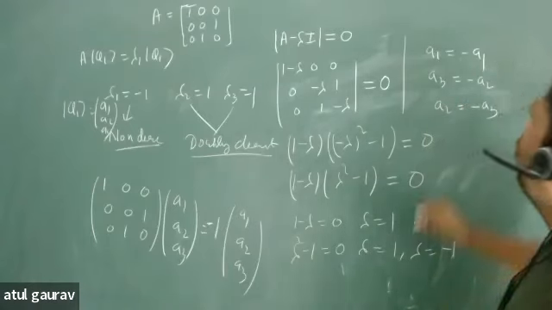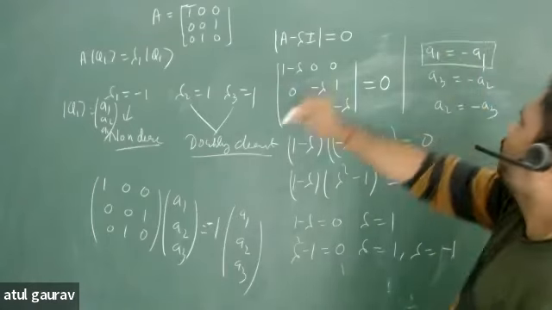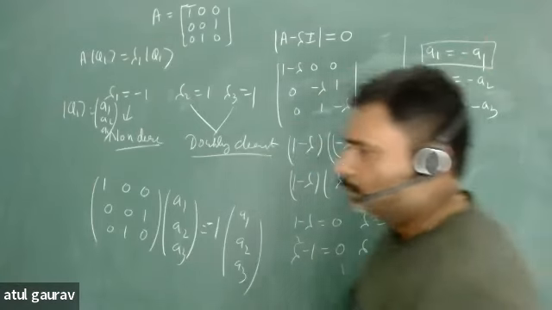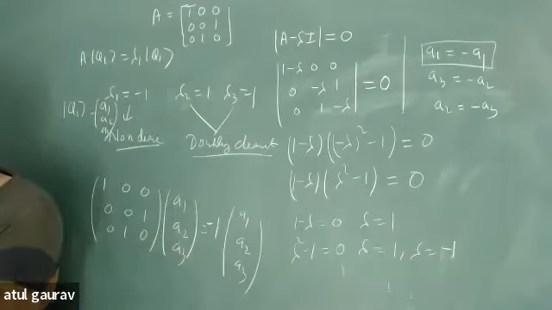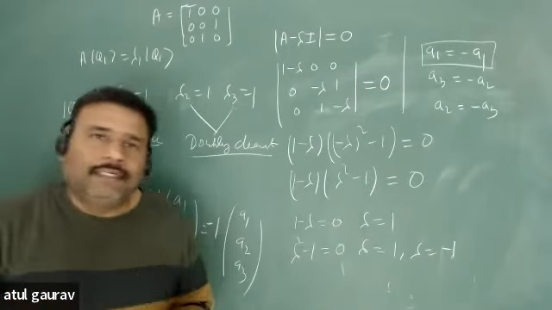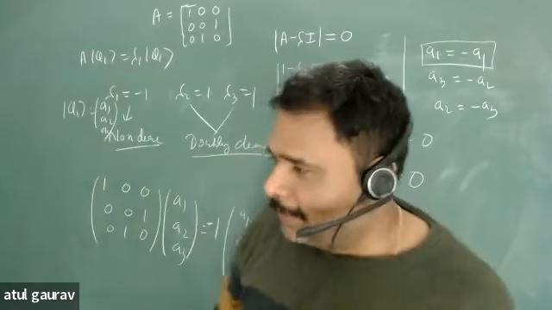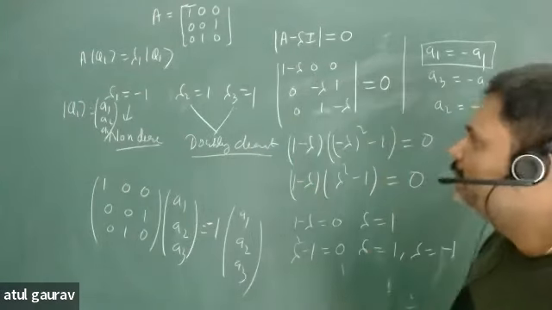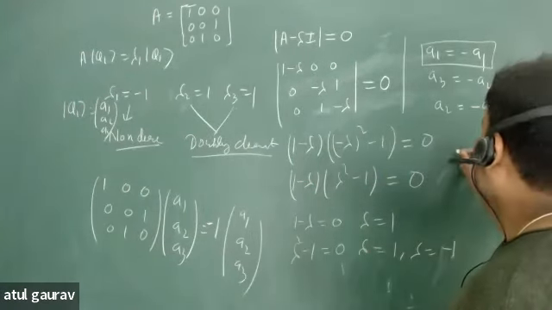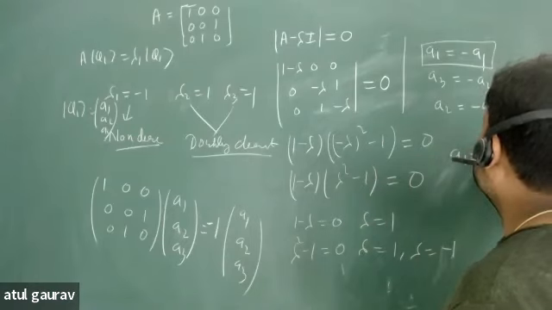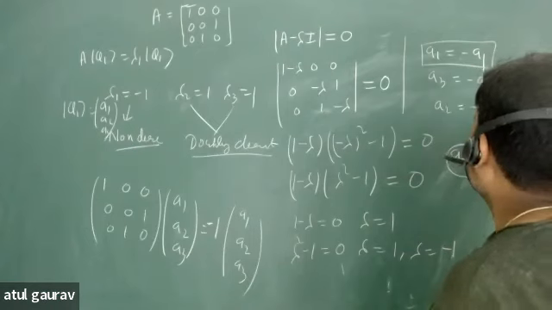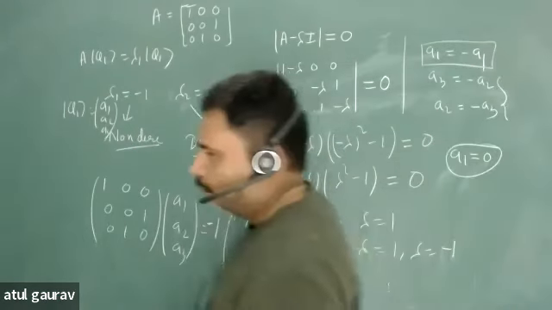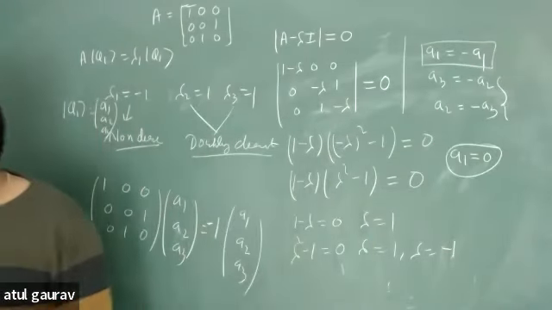What is the meaning of A1 is equal to minus A1? Only one thing can happen: A1 must be 0. So here I am getting A1 is equal to 0. And these two equations are the same equation.